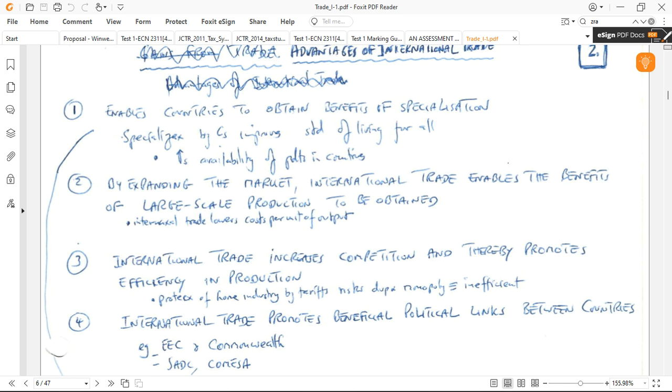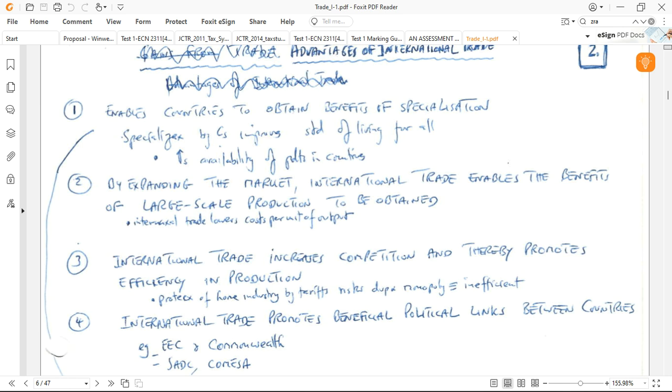So at the end of the day, since you have specialized in the production of iPhones and you're making money from it, even your living standards are expected to rise, right? And the same applies to me. So when countries specialize, for instance, the Zambian case, we specialized in the exports of copper, right? And well, let's put politics aside.